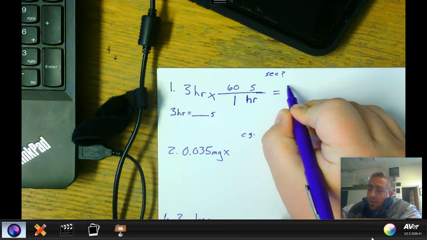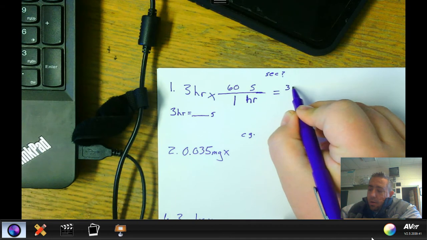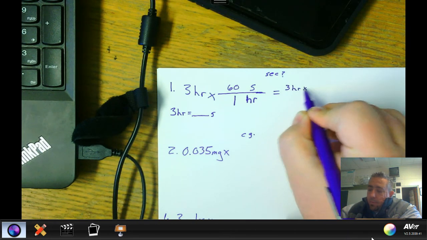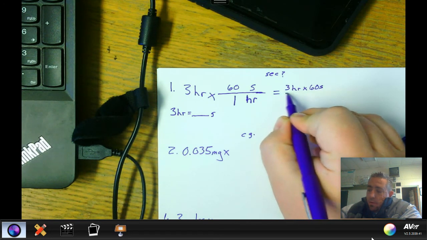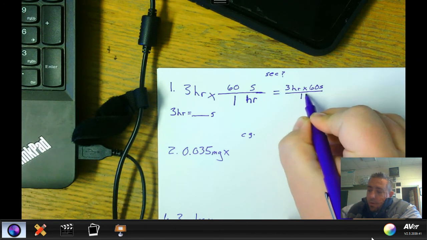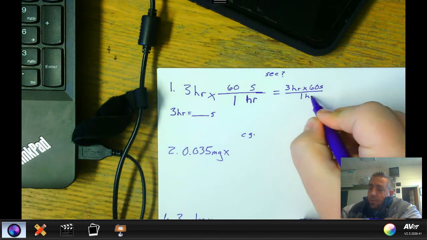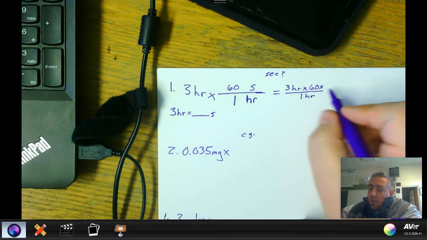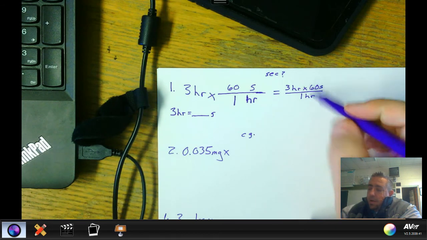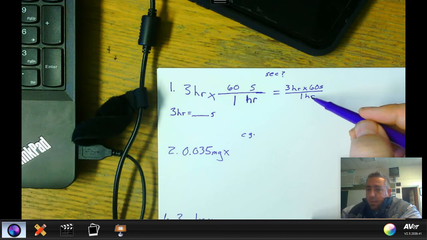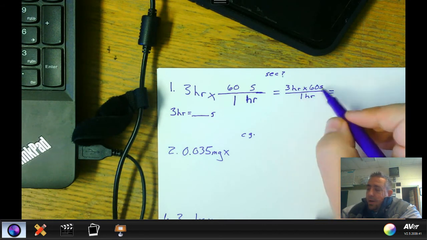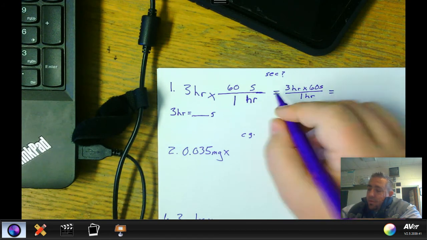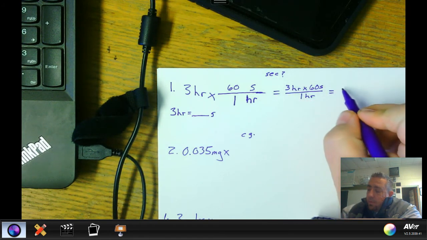So we combine it: 3 hours times 60 seconds over top of 1 hour. And then we can just do the math. Because we have hours on the top and the bottom, what do they do? They eliminate.